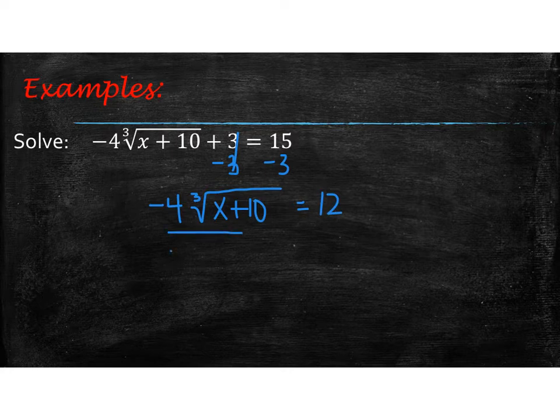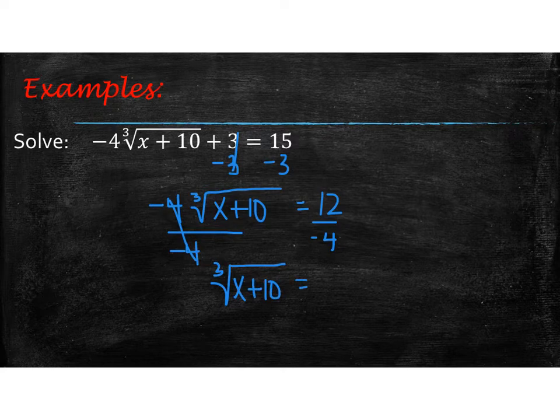Then you would divide both sides by -4. Cube root of x plus 10 equals -3.